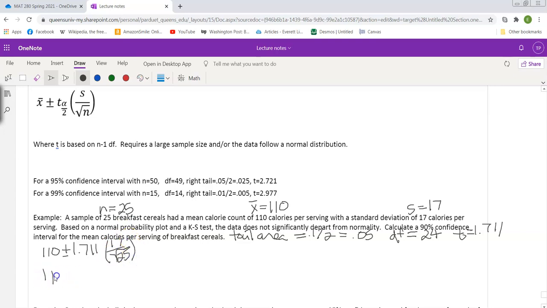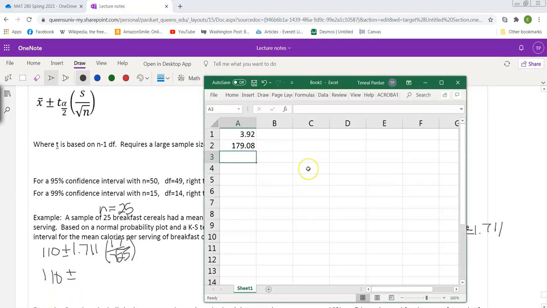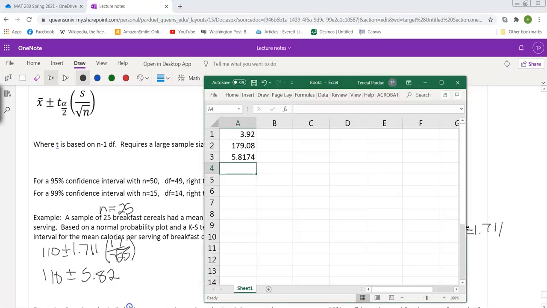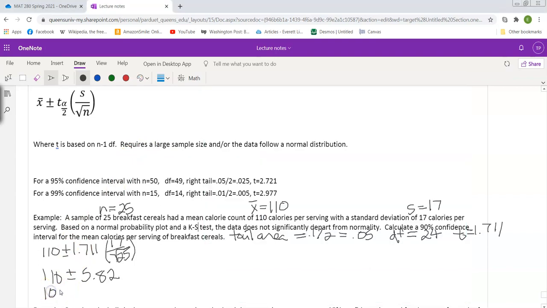So we get 110 plus or minus 5.8174. So just leave that as 5.82. So 110 minus 5.82 is 104.18. It sounds like a radio station.